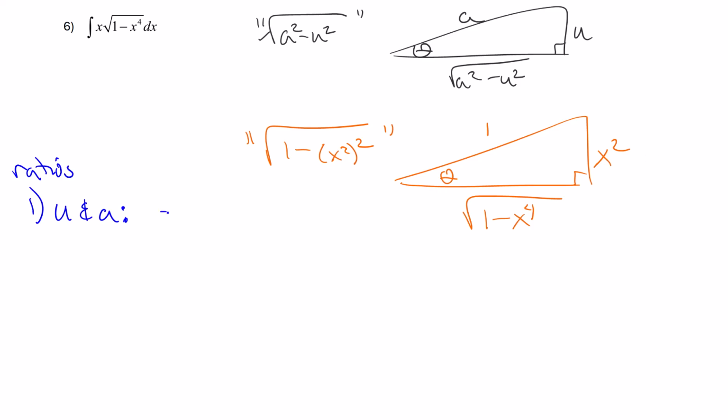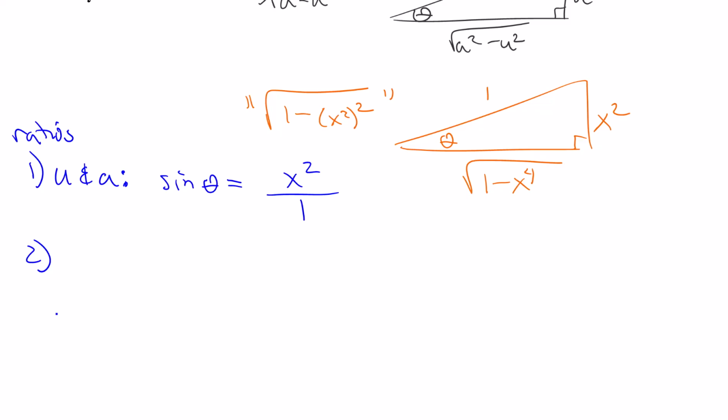So that means we'll say that the sine of theta equals opposite, which is x squared, over the hypotenuse, which is 1. Okay, hold that there for a second. Our second ratio, which involves the root and a, will be the following. Of course, the root is the adjacent side, so we'll use cosine theta equals adjacent, which is the square root of 1 minus x to the 4th, over hypotenuse, which is 1.